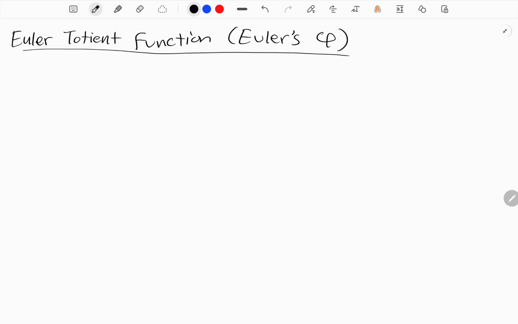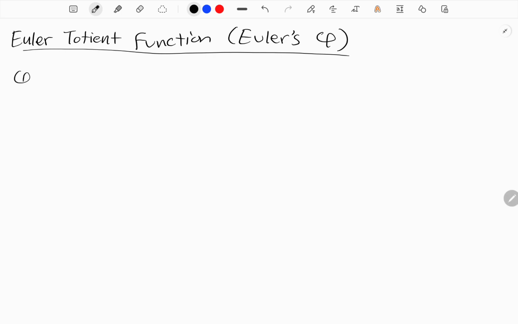Basically, if you have a positive integer and you take phi of n, it just outputs the number of integers that are less than or equal to it that are also co-prime to it.